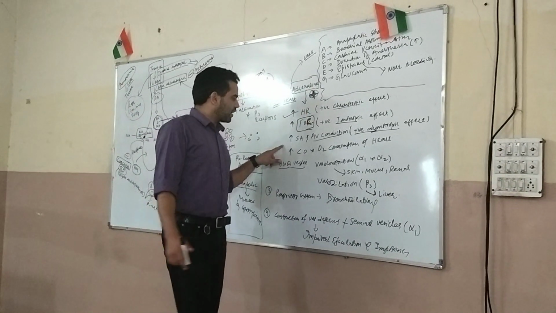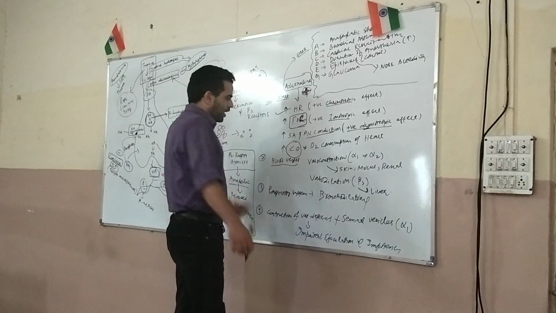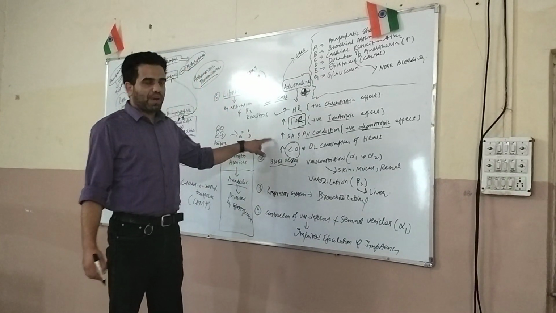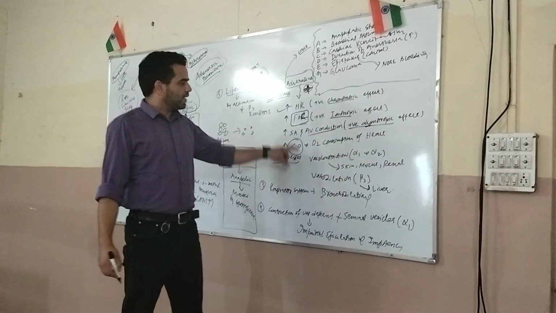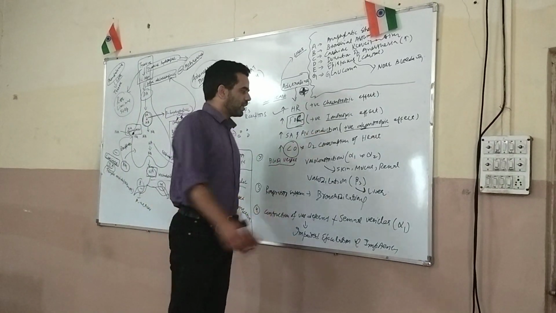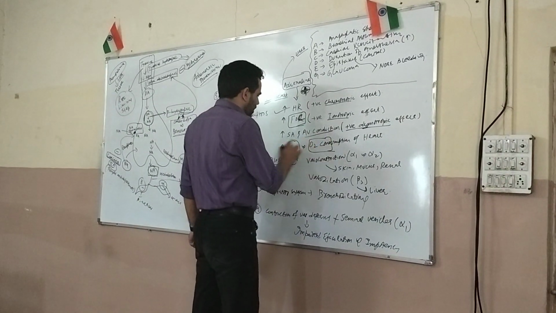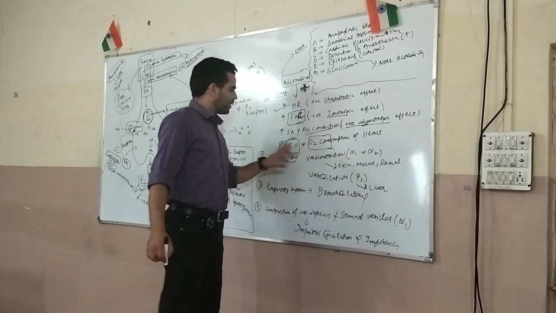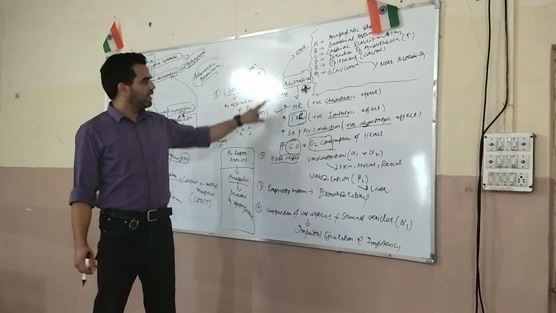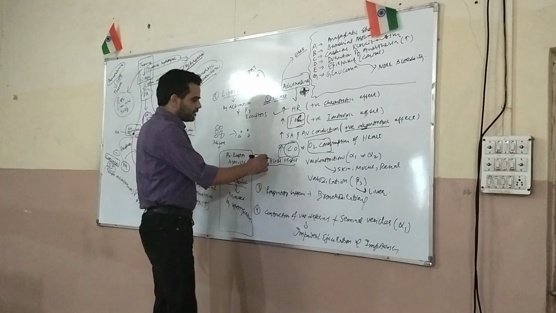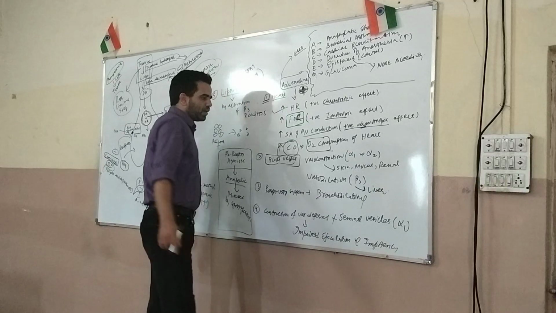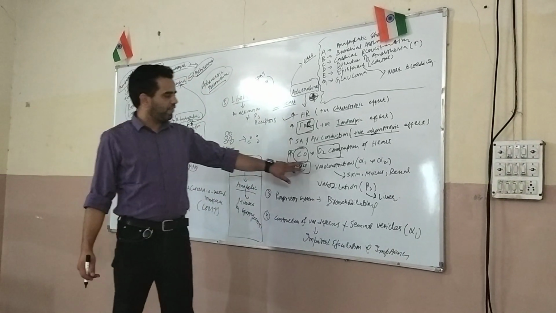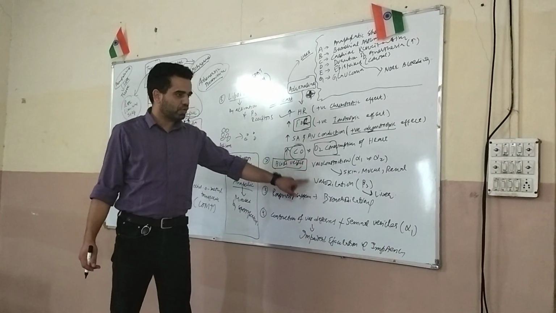Next, it will increase the cardiac output. The amount of blood pumped by the heart will be increased. Plus it will also increase the oxygen consumption of the heart. So that is the effect of adrenaline on the heart. Second effect is on the blood vessels. On the blood vessels it can cause either vasoconstriction or vasodilation.